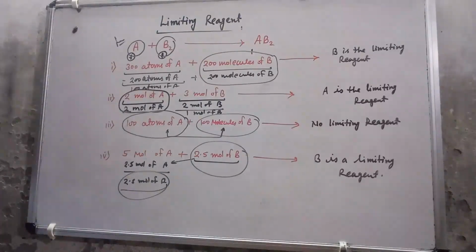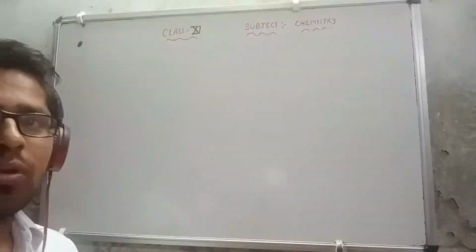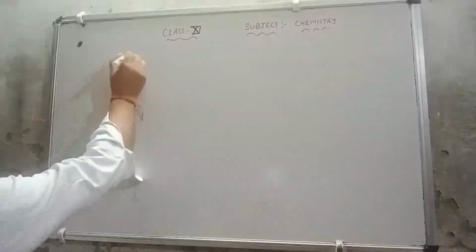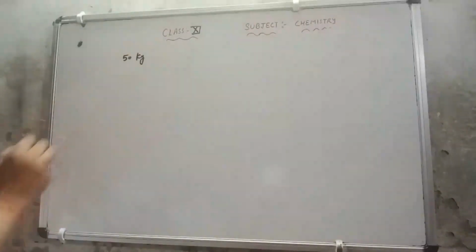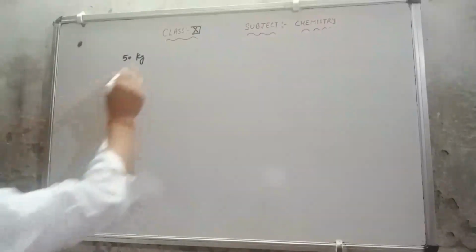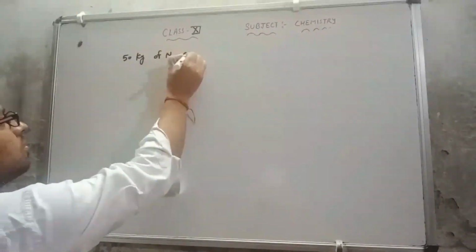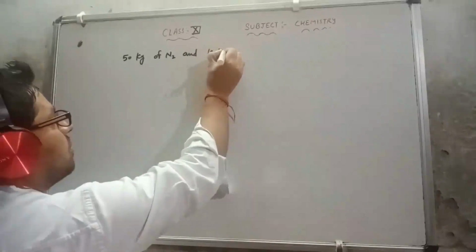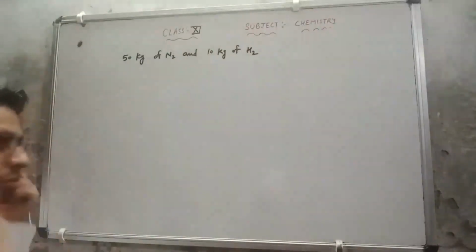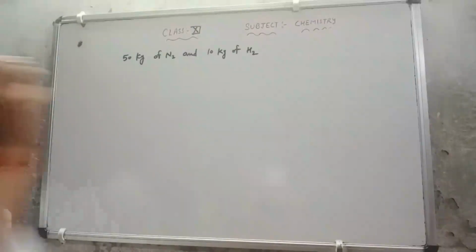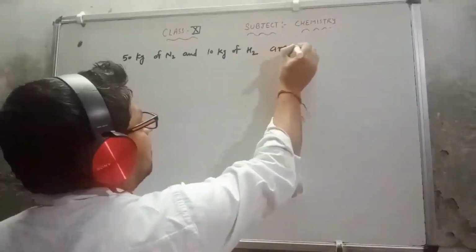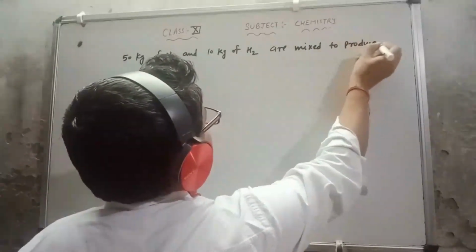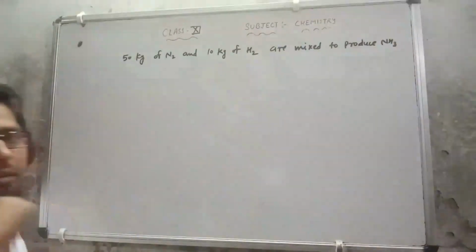Now the next question from the limiting reagent topic: 50 kilogram of N2 and 10 kg of H2 are mixed to produce NH3, that means ammonia.